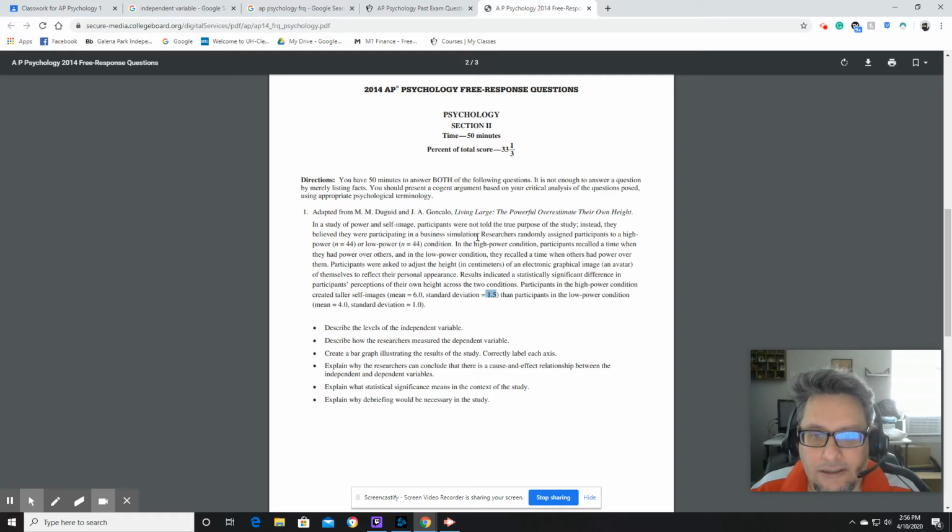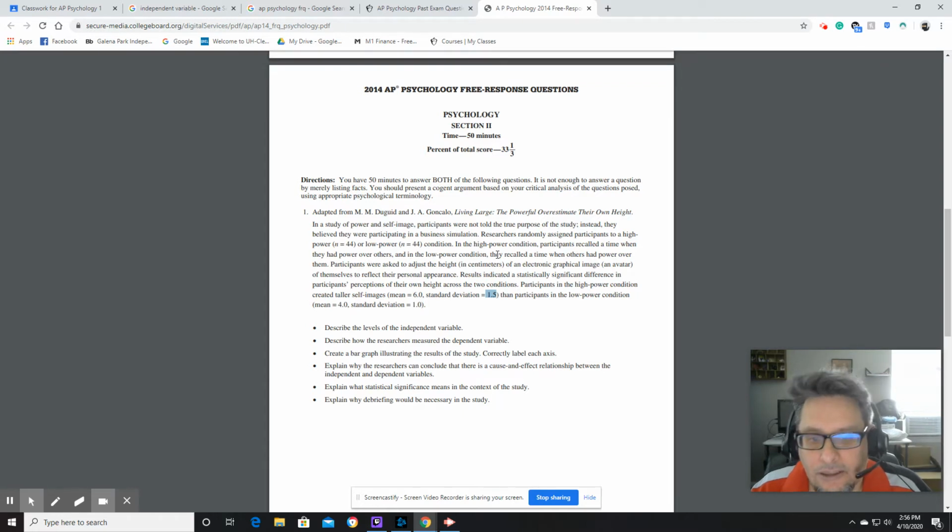That is the high power or low power recollection. So the independent variable is, were they in the high power group or the low power group? And that they recall the time when others had power over them or when they had power over others. So that's the levels of the independent variable.